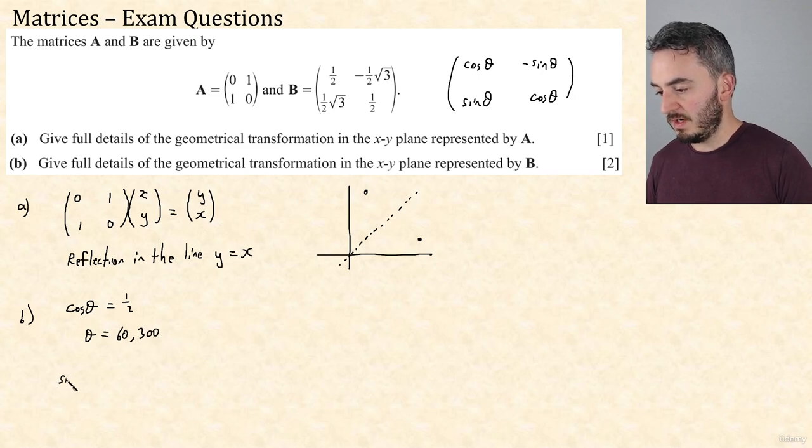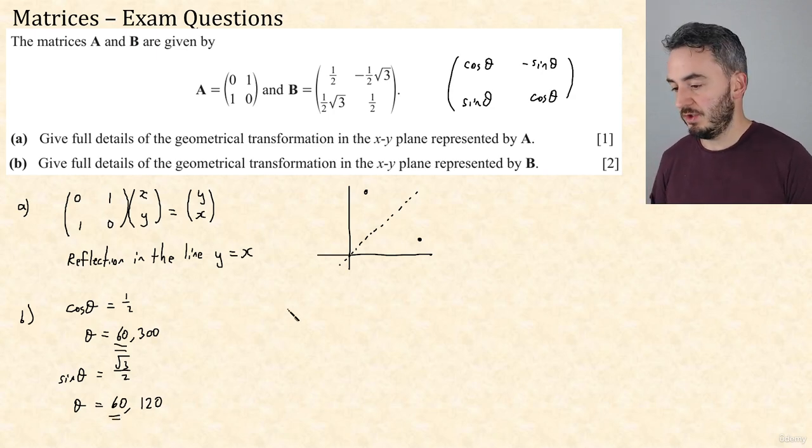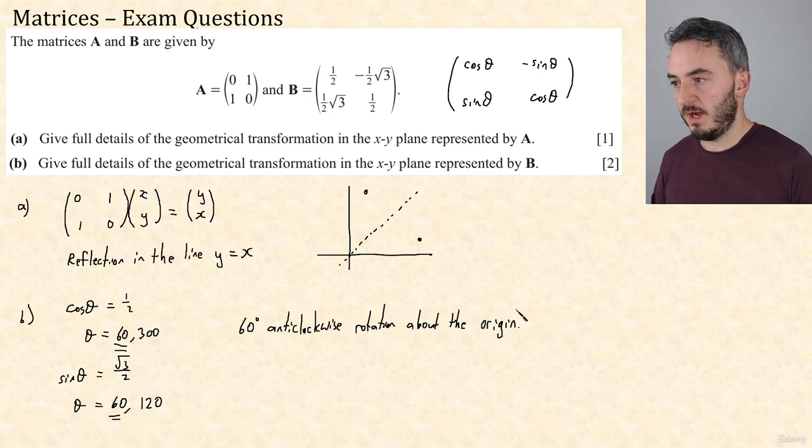And solving sine theta equals root 3 over 2, I get theta values of 60 and 180 minus that, which is 120. So 60 is the common solution to both. So it's an anti-clockwise rotation of 60 degrees about the origin. Of course, all rotations with matrices are about the origin, but include that in your answer as well.